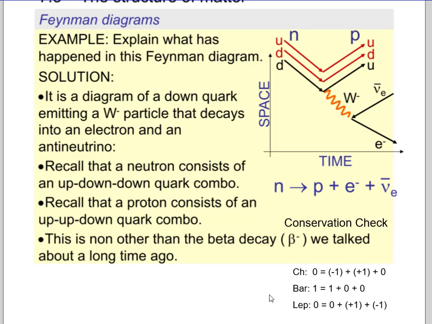If we carry on to baryon number, neutron and proton both have baryon numbers of 1, so it passes that. And if we check the leptons, 0 and 0 for the neutron and proton, and the electron and the anti-electron neutrino are in the same family, so again they cancel.